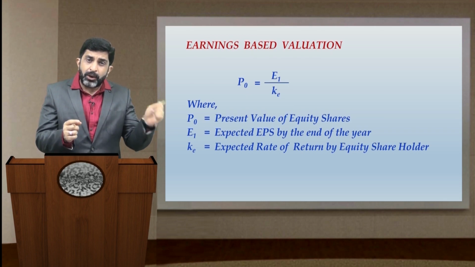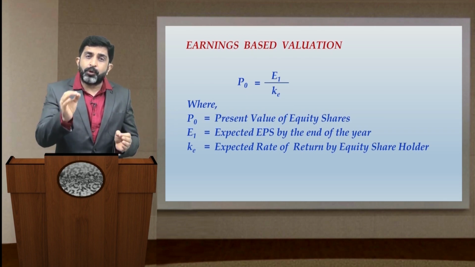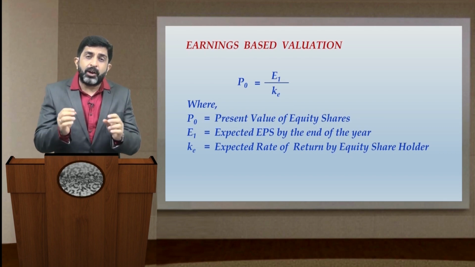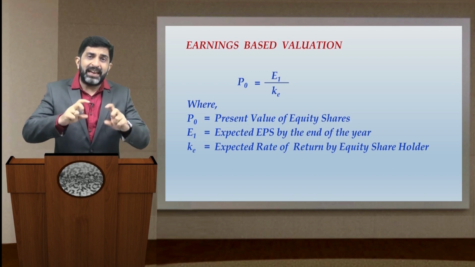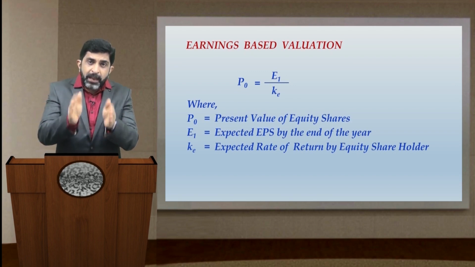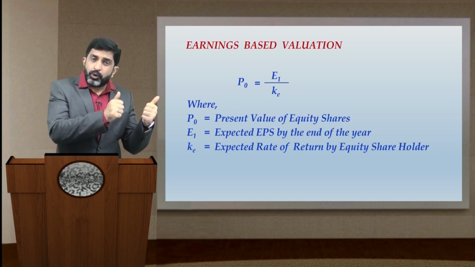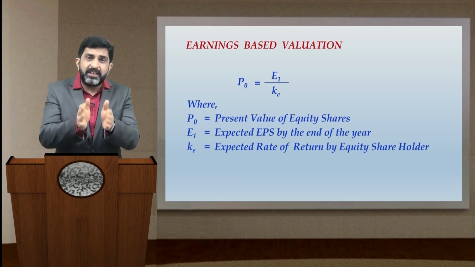That means by end of the year you are expecting earnings per share of rupees 40, and as a shareholder, your expected rate of return is 25%. We are simply going to capitalize the earnings. So if earnings per share expected is rupees 40, that is 25% return.